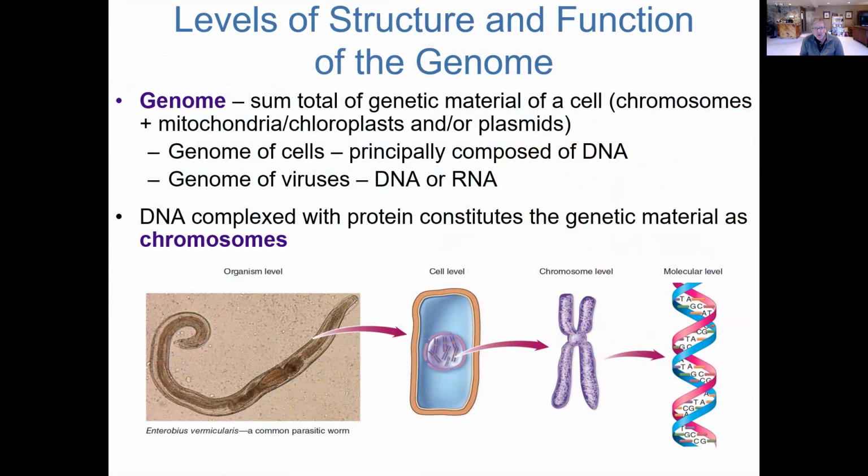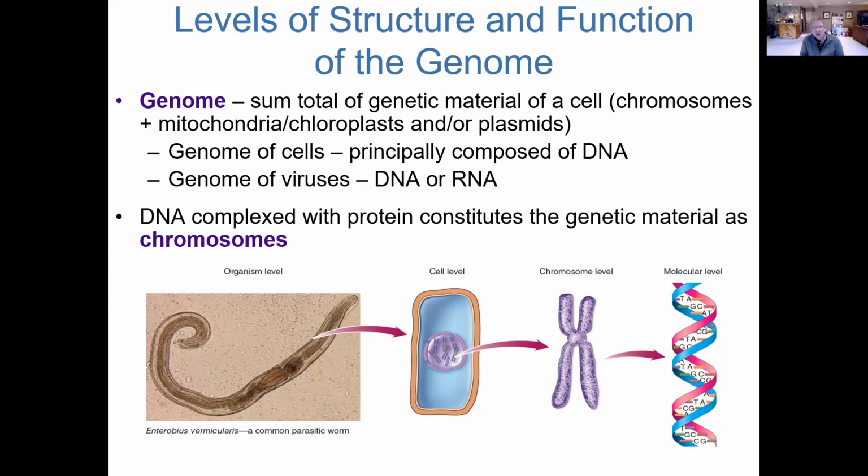So when we talk about an organism's genome, like you or me, or even a bacteria, we're talking about all of the possible genetic material found in the cells of that organism. So in you and me, it would be all of our chromosomes, all of the genes in our chromosomes.